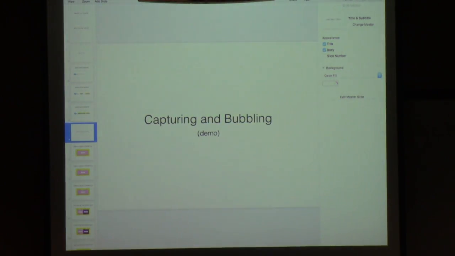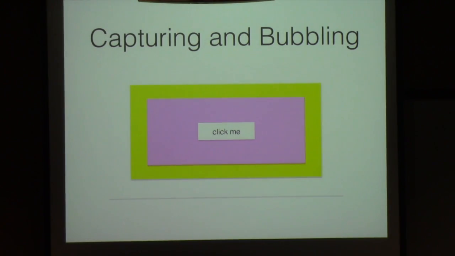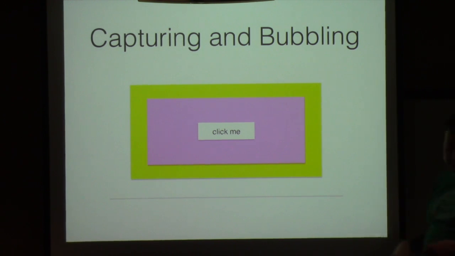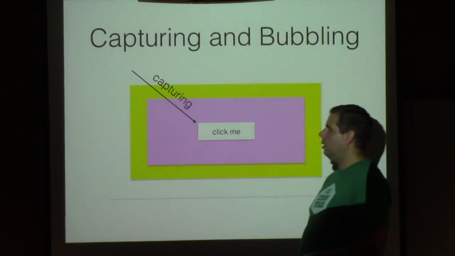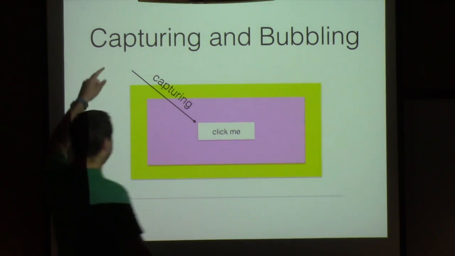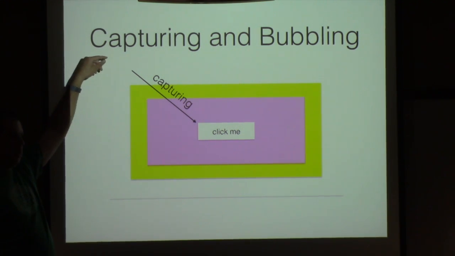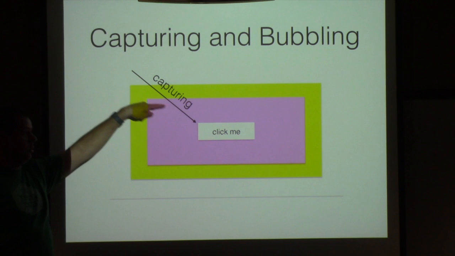Well, for DOM events, they've got this idea of capturing and bubbling. Imagine this is the body, and out here is the window. Whenever I do a click, the event goes through a capturing phase, where the event starts at the window and goes in through every parent element of the button until it gets to the button.